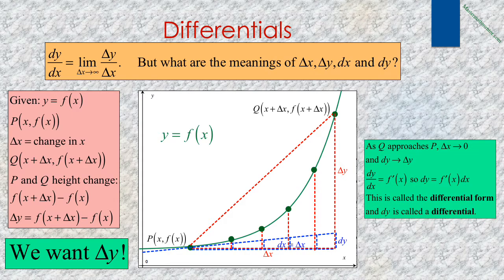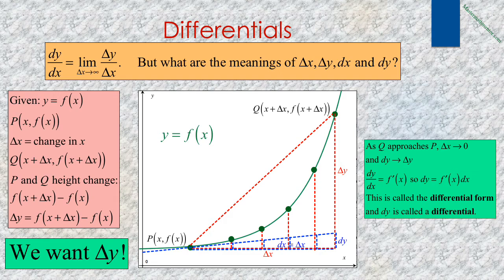Now as Q approaches P, delta x and dx get small. The difference between delta y and dy also begins to get small, and we can see this on our graph. Our delta y is the red dotted line, and the corresponding dy is the blue.